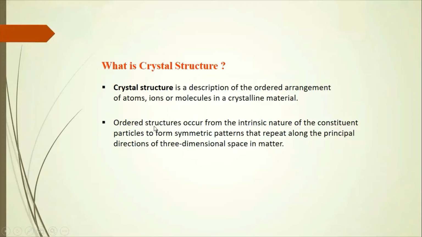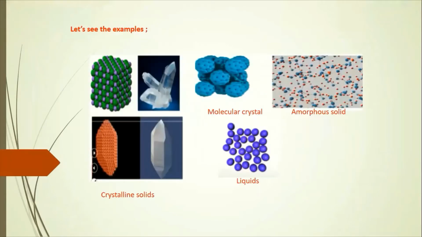The ordered structure occurs from the intrinsic nature of constituent particles to form a symmetric pattern that repeats along the principal directions of three-dimensional space in matter. So here we are going to see an example of a crystal structure.